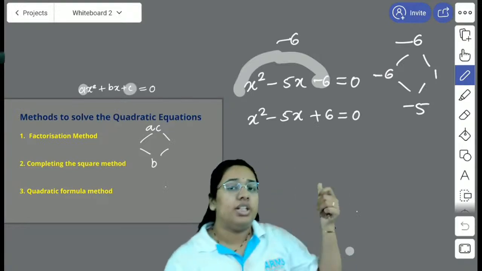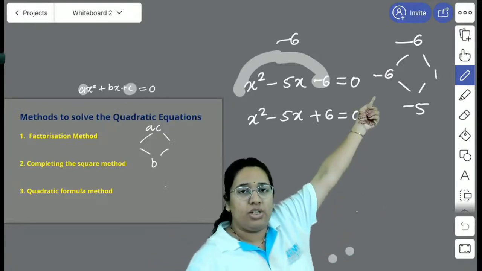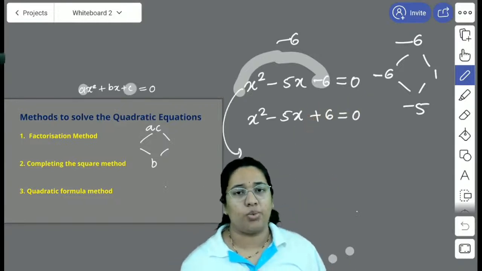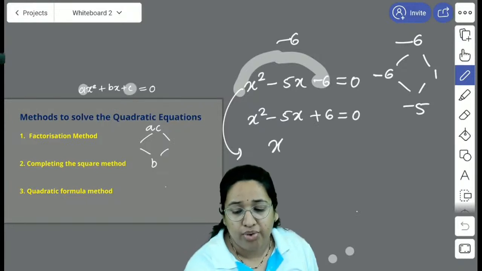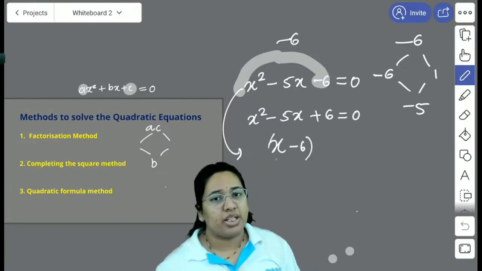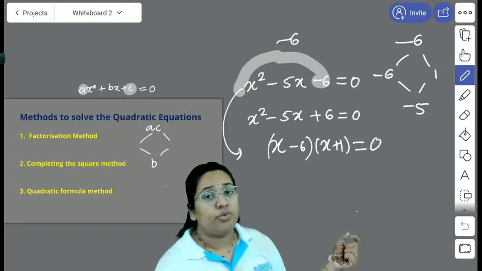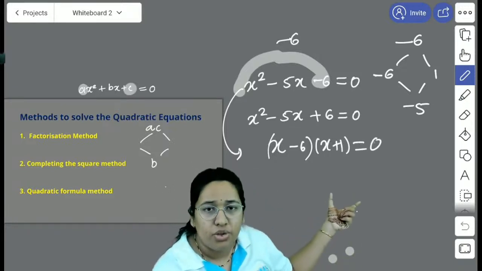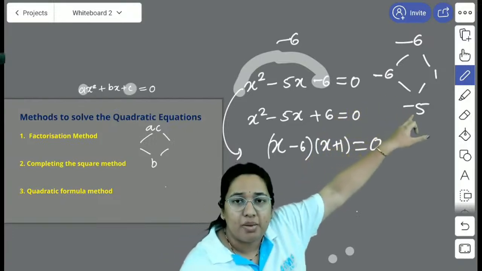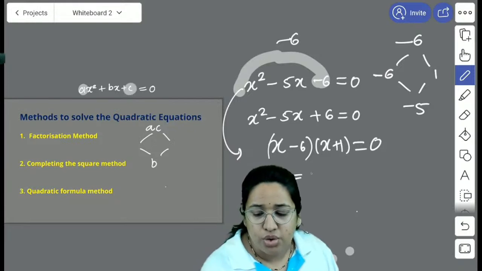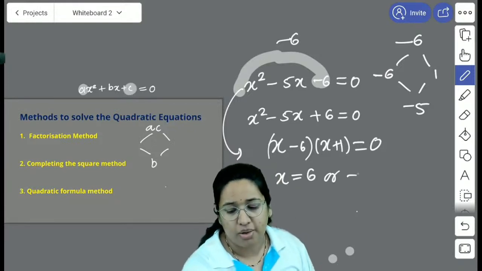Hence I will give the negative sign to the greater number. So for the first quadratic equation, the factors will be x minus 6 and x plus 1 equals to 0. If you go directly for the roots, since minus 6 and plus 1 are from the factors, its roots will be either 6 or minus 1.